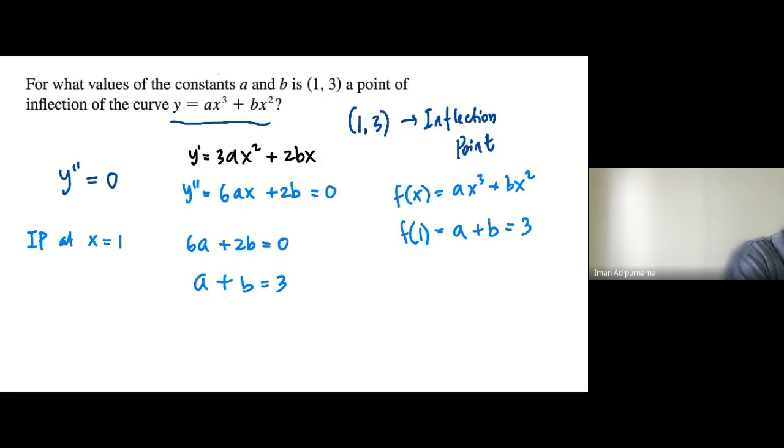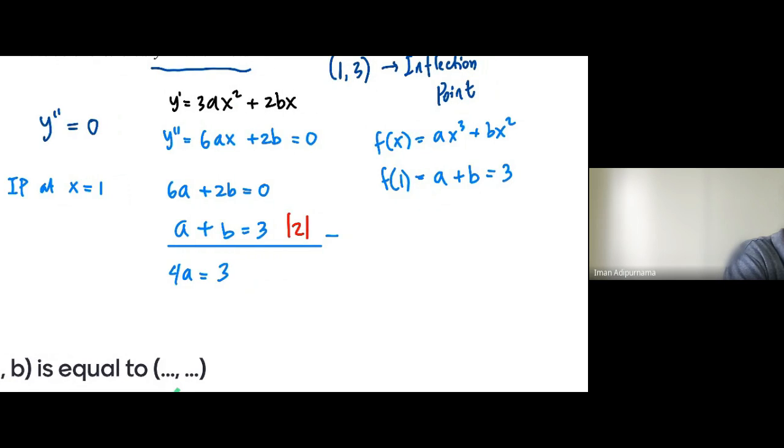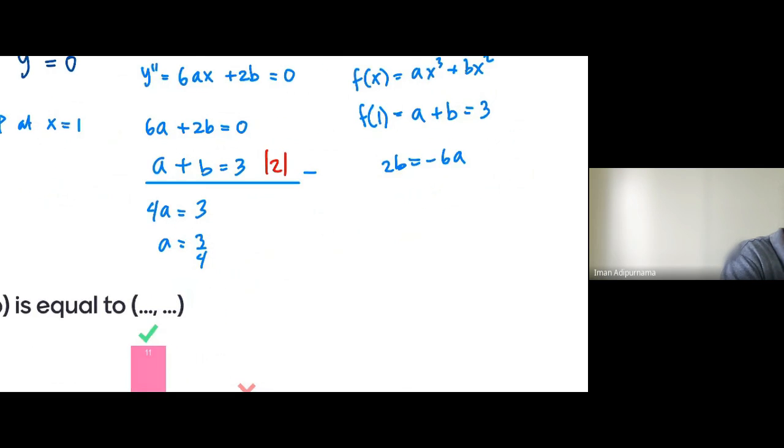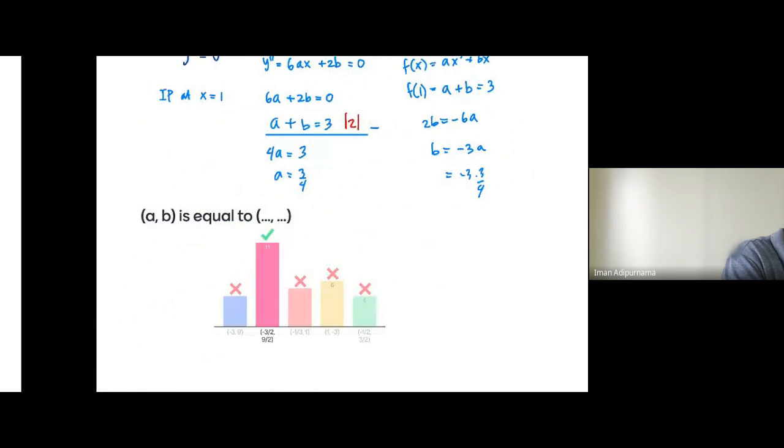And maybe we can multiply with 2, and then minus 6, minus 2 for a is 3, and b is negative 6a. Okay, I think I made a mistake.